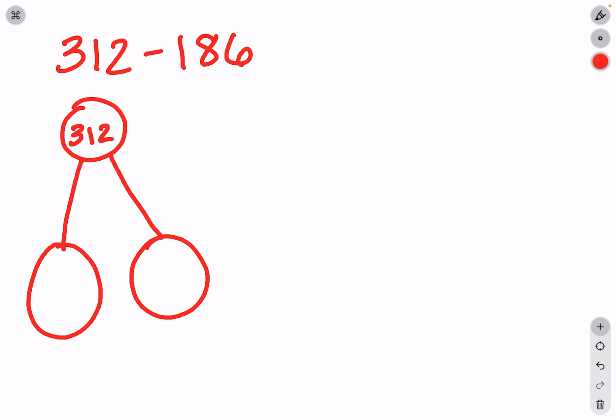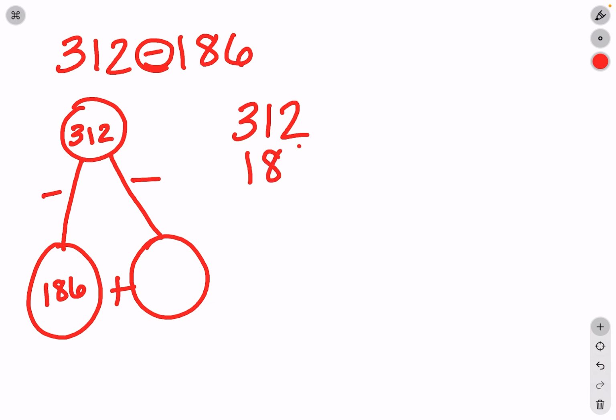312 is my total. 186 is my part because of this subtraction sign. So I'm going to subtract 312 minus 186. I cannot subtract 6 from 2 because remember, I'm starting with the top number, 2 minus 6, not the other way around.